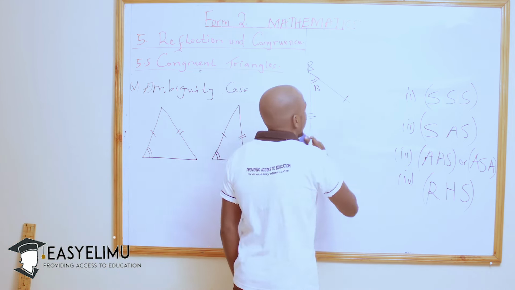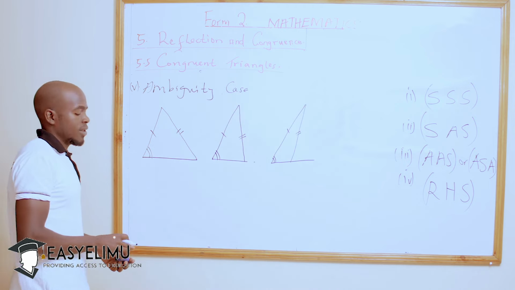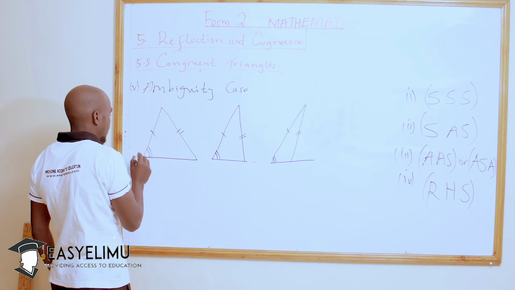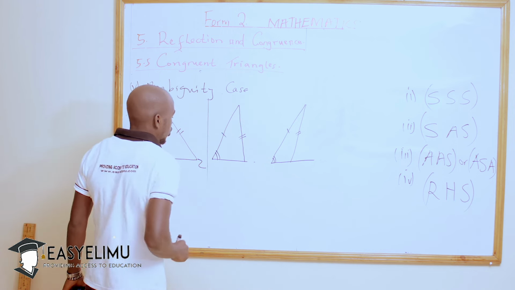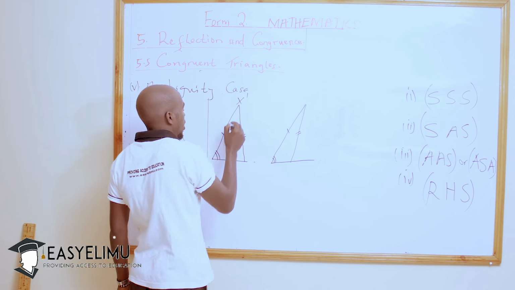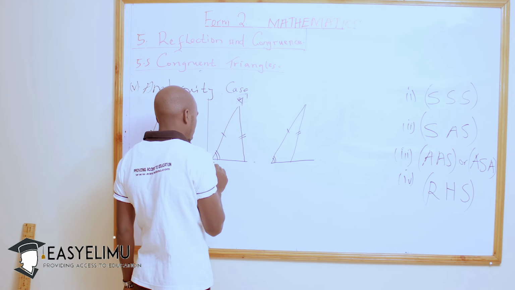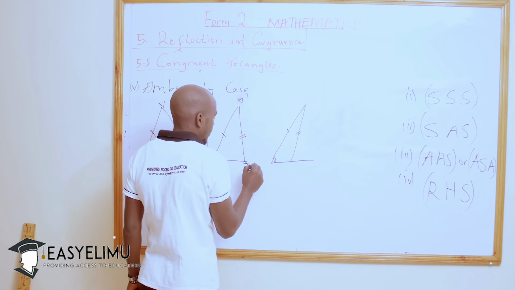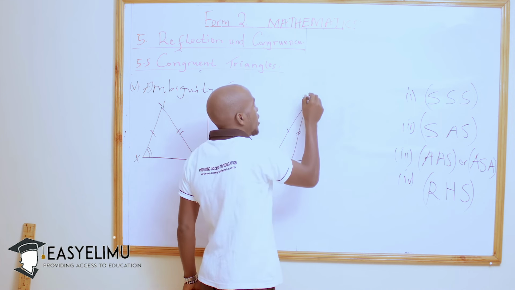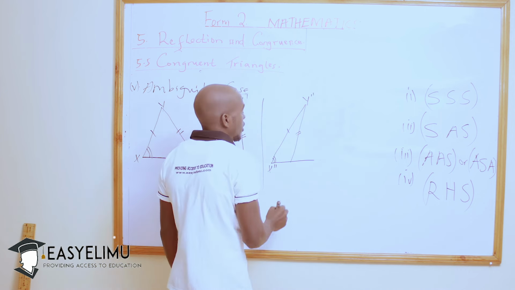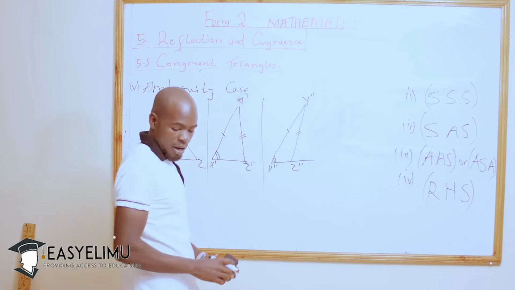And another one, an extreme end of it, you find in that case. So if this is x, y, z, and under reflection, you find this one is y prime, x prime, and then z prime. The same applies to this x double prime, y double prime, and then this is z double prime.